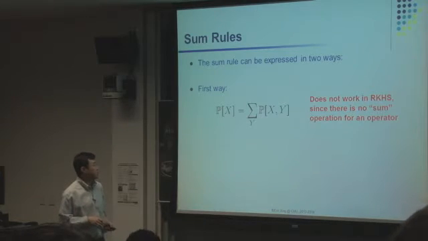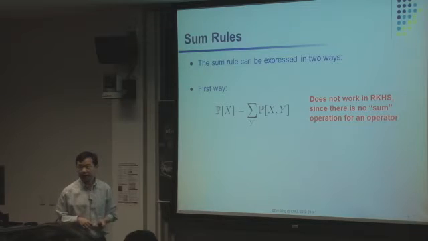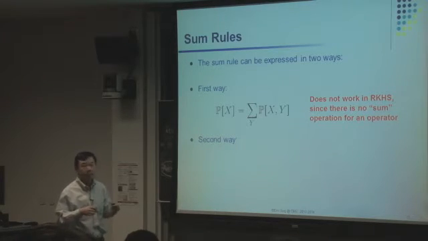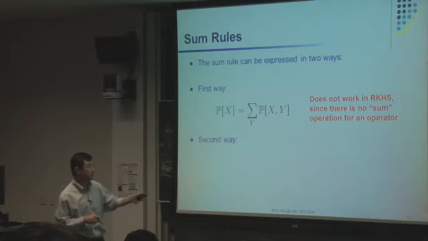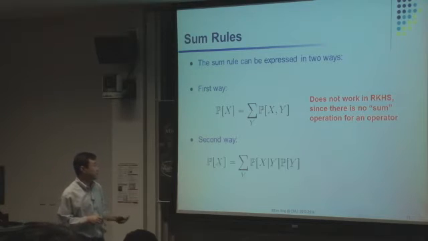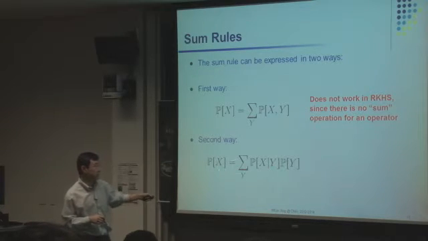And unfortunately, this operation cannot be realized in a Hilbert space, because that operator isn't defined. In the Hilbert space, all we have is a feature map, and therefore it doesn't really tell you how exactly that particular argument can be manipulated. This y, for example. The second way is to use this sum rule.